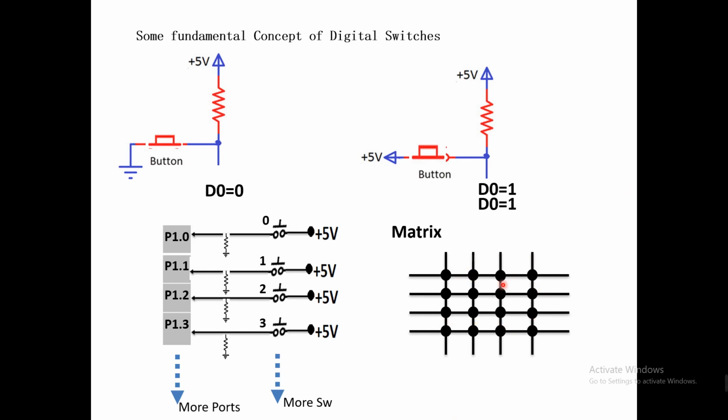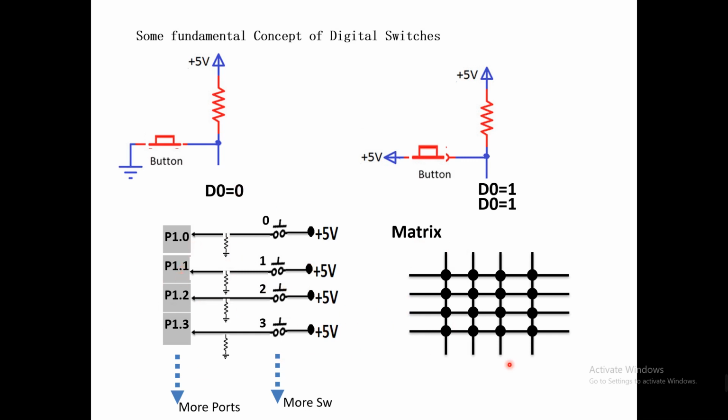So we can accommodate 100 switches in the matrix by just having 10 plus 10, 20 wires. So this is the economical and efficient way. That's why the keyboard is designed in matrix form, not in such a linear form, one switch, one wire. No, that's not a good idea.